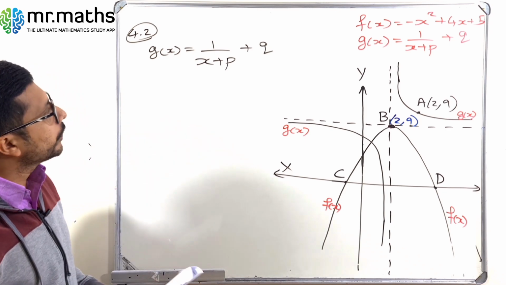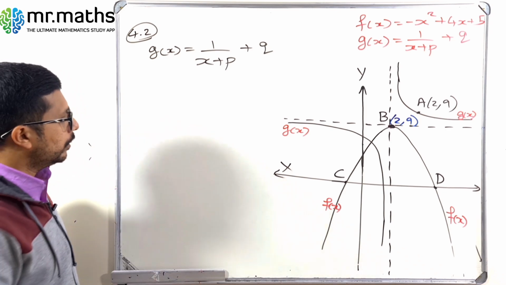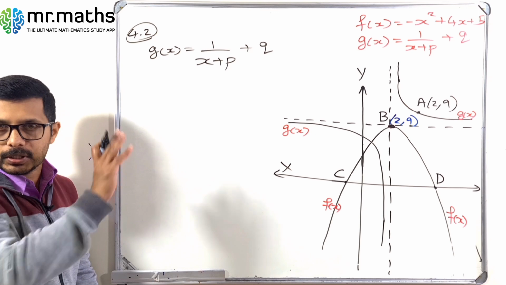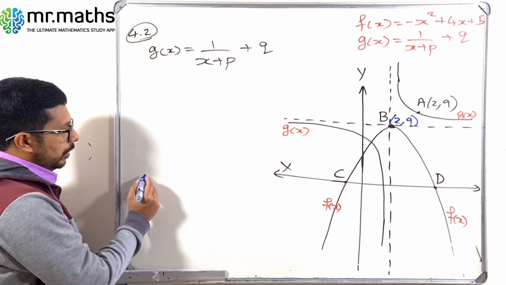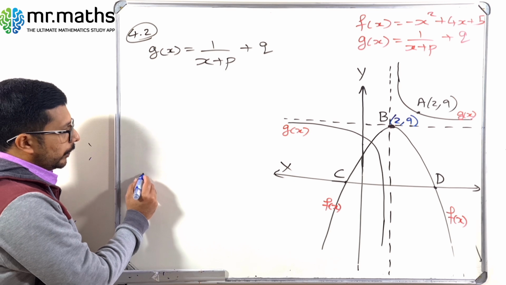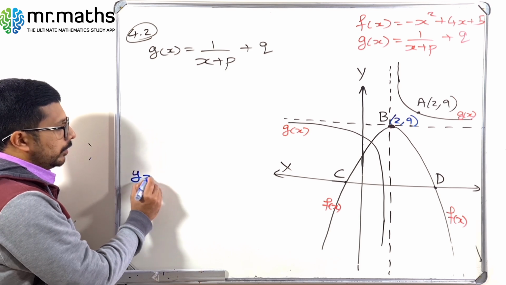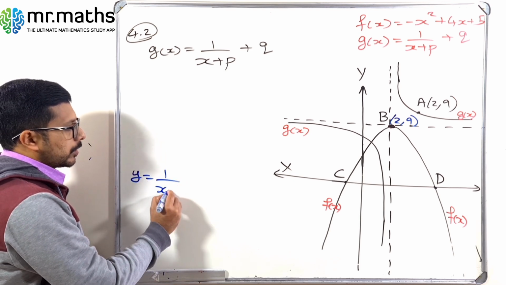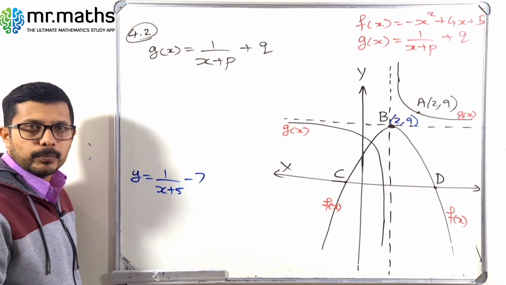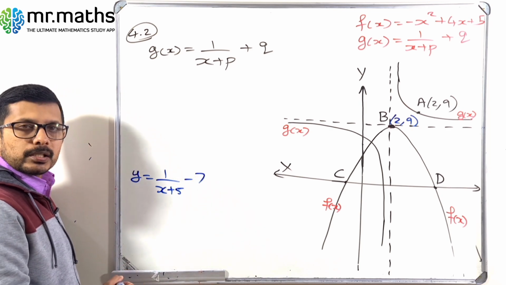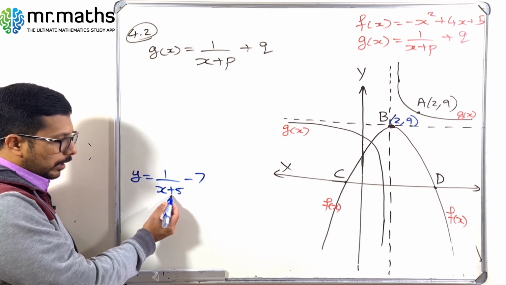Okay, so do you remember, for example, not this question, if I have an equation like this, y is equal to 1 divided by (x plus 5) minus 7. I'm just giving another example. Now what are the asymptotes? Here it is plus 5.